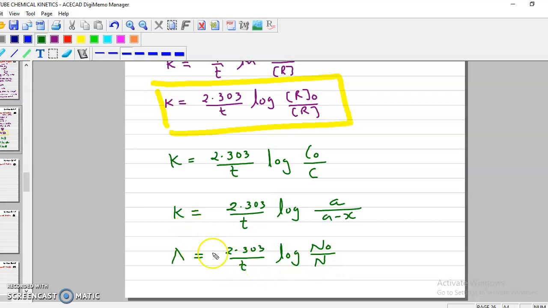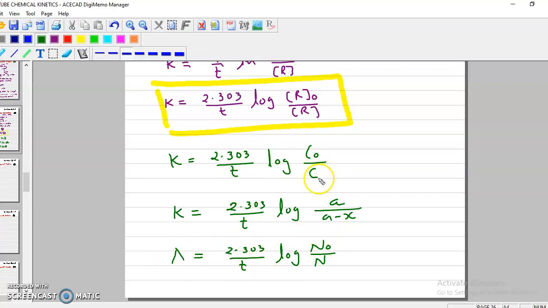Because disintegration of a radioactive element, that is emission of alpha, beta, gamma from a radioactive element, is a first order reaction, we can use this equation for the same one, and from this we can find out t.